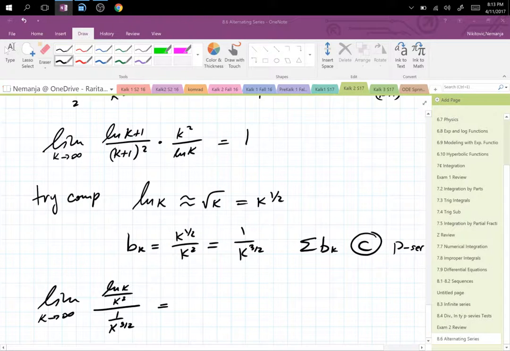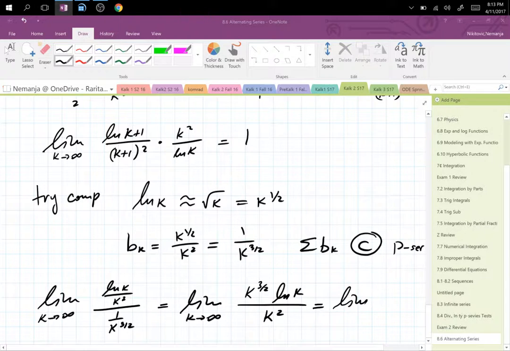So now that limit works out to be what? As k goes to infinity, I have k to the 3/2 times the ln of k divided by k squared. So this works out to be the limit as k goes to infinity of ln k divided by k to the 1/2.